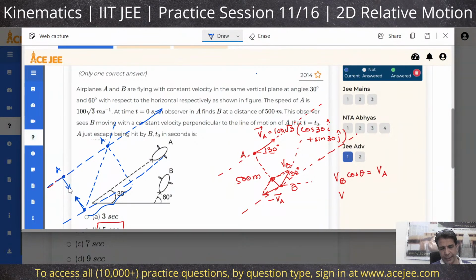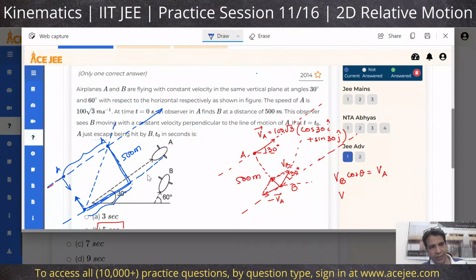Now what we are saying is, if B is to meet A at this point, then B has to cover this distance and then this distance. Correct, no? This distance is given to be 500 meters. And both A and B will be covering the same distance. Otherwise, how can the two meet?